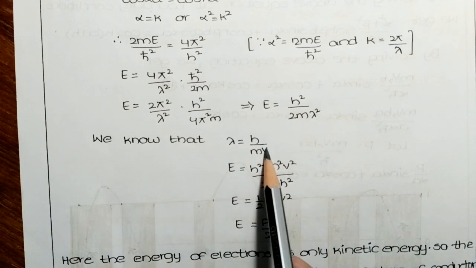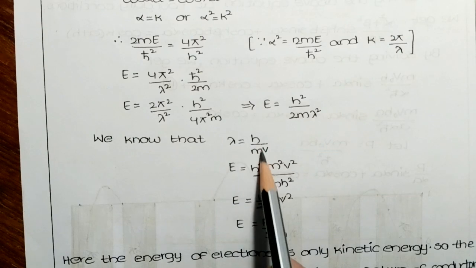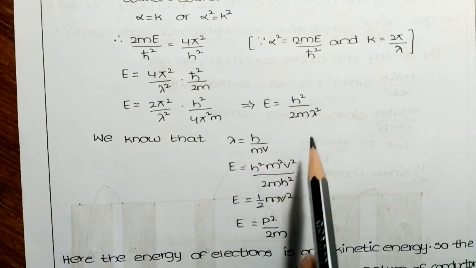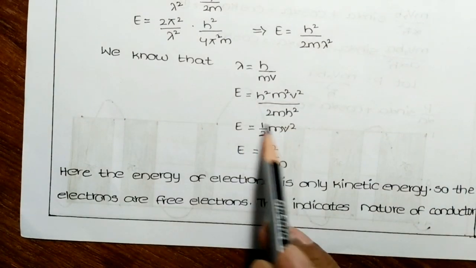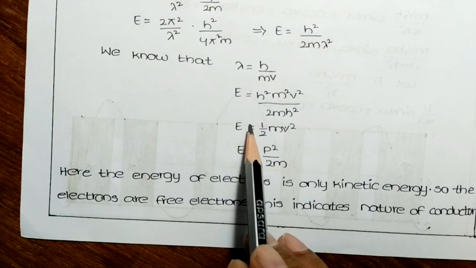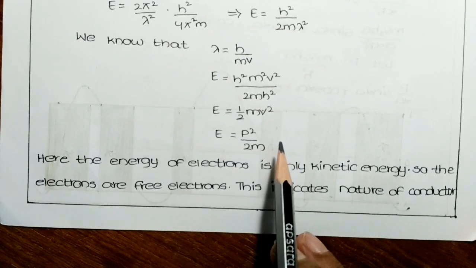According to de Broglie wavelength, lambda is equal to h by mv. Then eliminating lambda here, finally we get the kinetic energy equation. The kinetic energy is written in terms of momentum.